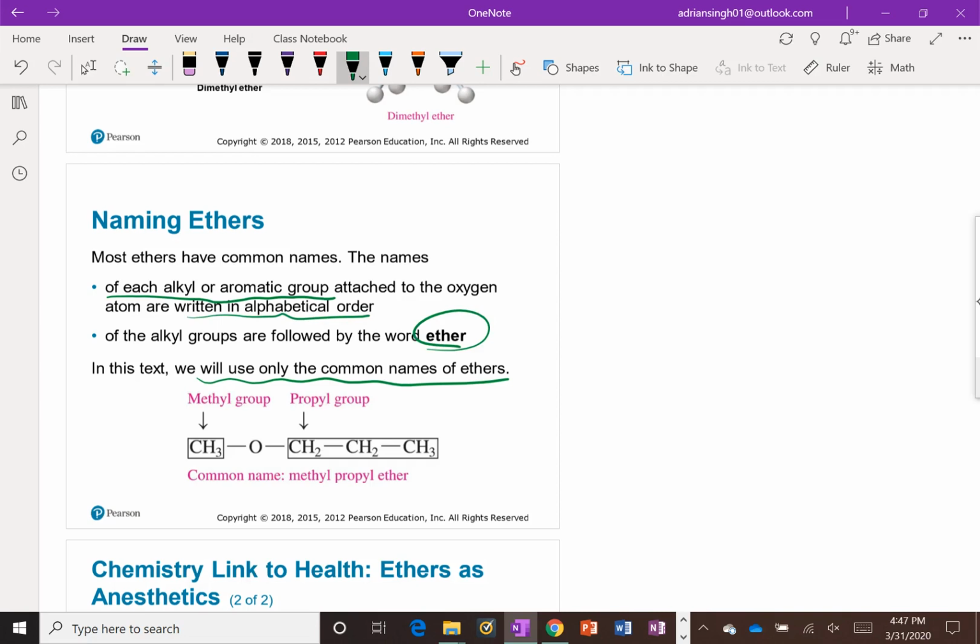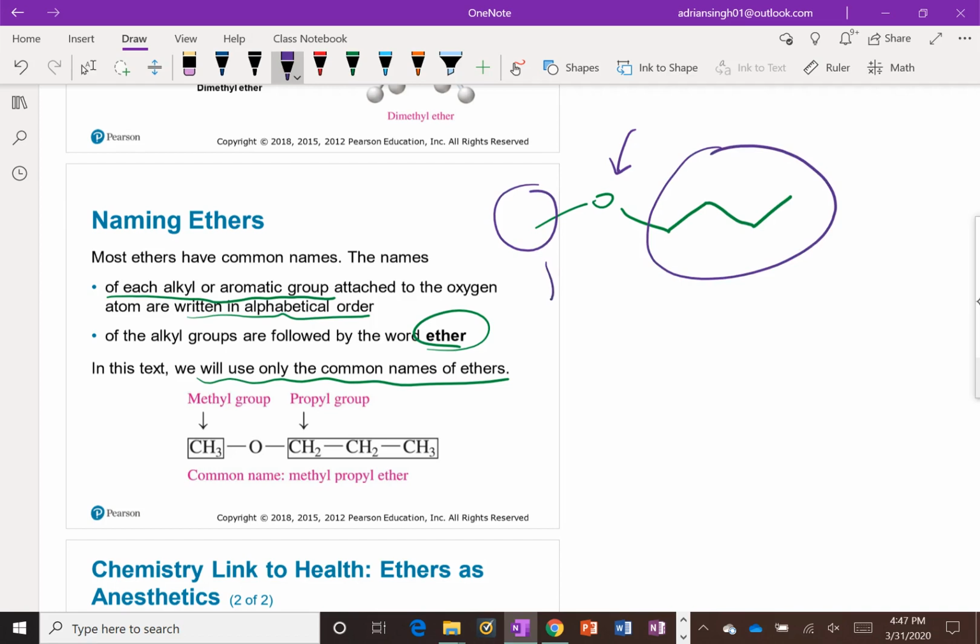All right, so for instance, if we had something like this, first thing you have to do is to realize that's an ether. There's an oxygen here between 2 R groups, right? This R group on the left, a carbon containing group, that's a 1 carbon group, that's a methyl. And then the one on the right side has 1, 2, 3, 4 carbon group, that's called a butyl.